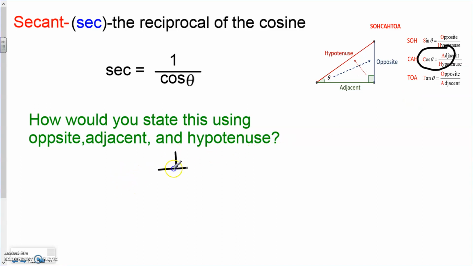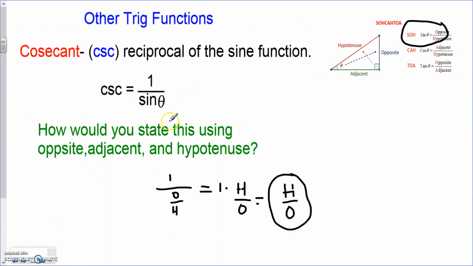So that would be 1 over the adjacent over the hypotenuse. And keep, change, flip, or keep, change, reciprocal. It's going to end up being the hypotenuse over the adjacent for the secant. Okay, so secant is the cosine, cosecant is the sine.